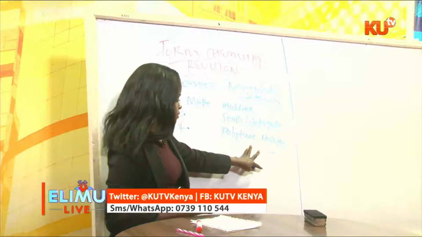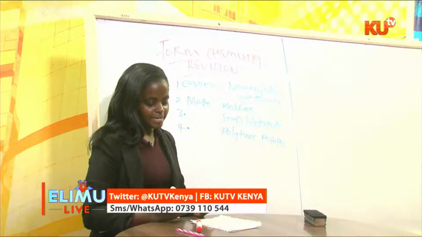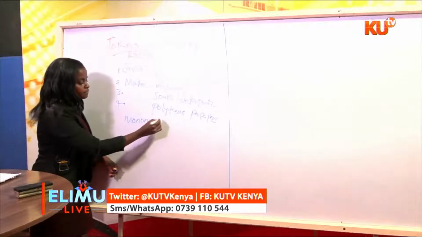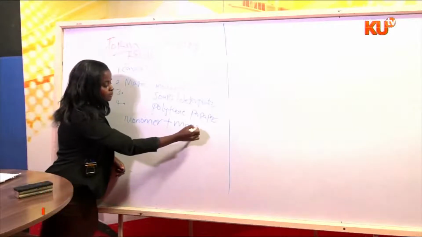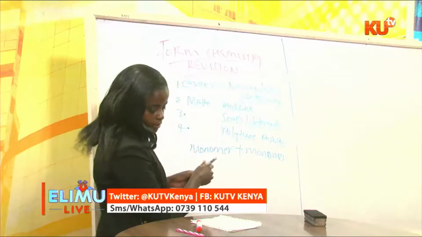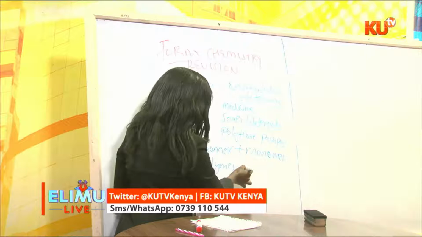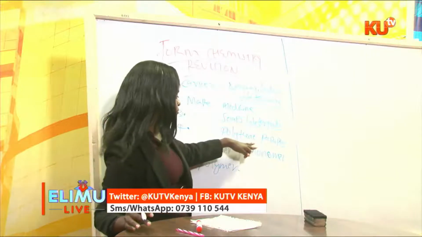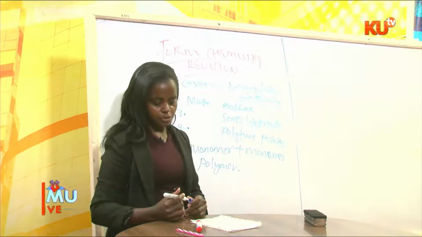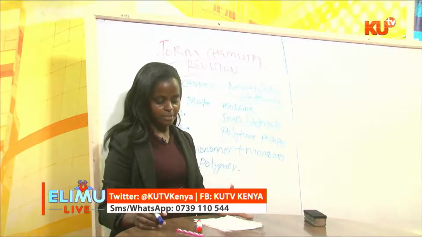Now in Form 4 you're going to learn more about monomers and polymers, where you're going to understand that when you mix a monomer with another monomer, you're going to get a polymer. This is a topic by itself. Now this, you're going to understand how we make polythene papers. These are plastic bags that we carry around in our homes.